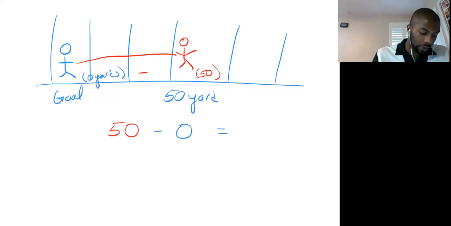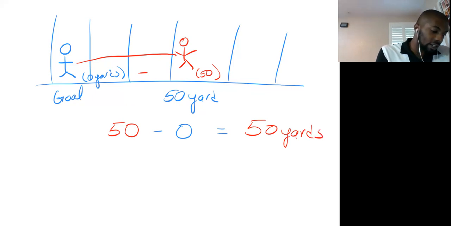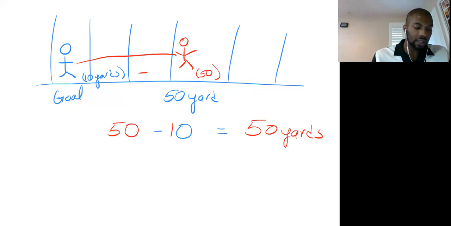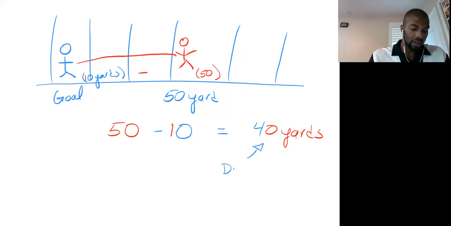Well, you didn't go anywhere, so that is a difference of 50 yards between us. If I was at the 10-yard line, it'd be 50 minus 10, which would be a distance of 40 yards between us. But anyway, the idea is we're talking about the difference.